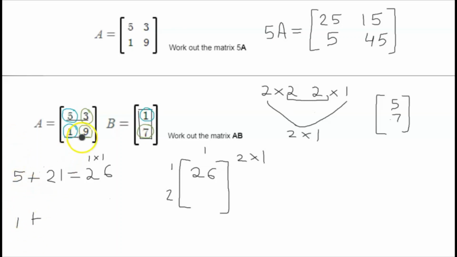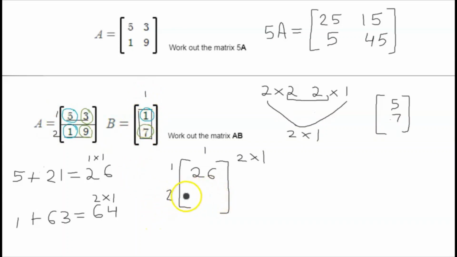Then add that to 9 times 7, which is 63. Remember these two are separate, so I'm going to separate the rows a bit more so it's easier to see. So 63 plus 1 is 64, and that would be the answer when we times this second row by the first column.